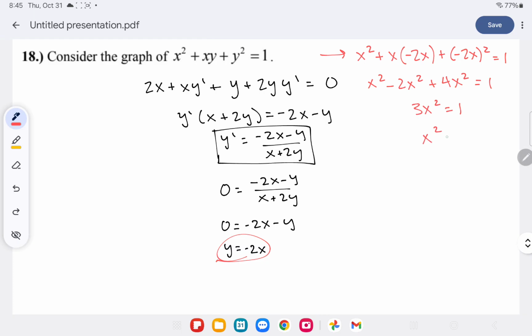X squared equals 1/3. So x is positive or negative square root of 1/3. Or I guess the square root of 1 is just 1. So 1 over the square root of 3. Or you could rationalize the denominator. But those are the x values where the tangent line was horizontal. Or in other words, where the derivative equals 0.